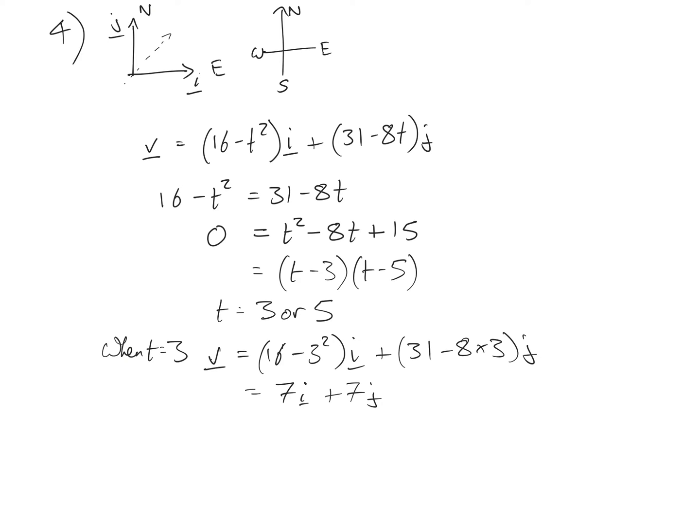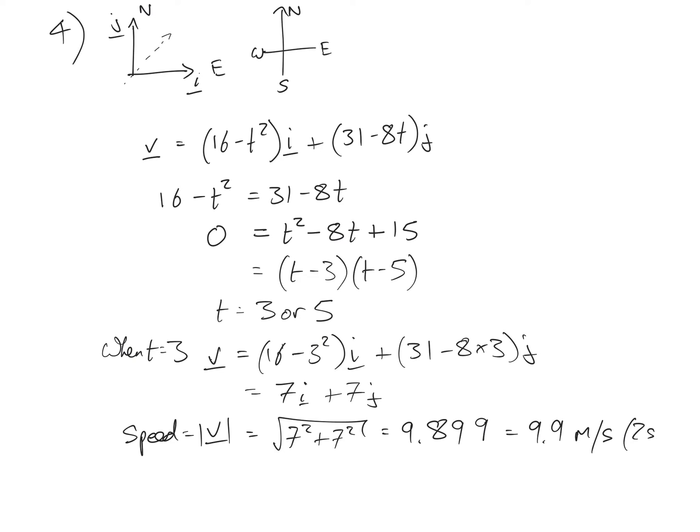Okay, that's looking good. And we want the speed of that, so we want the magnitude of velocity, which equals the square root of 7 squared plus 7 squared, which is 9.9 meters per second, to two significant figures.